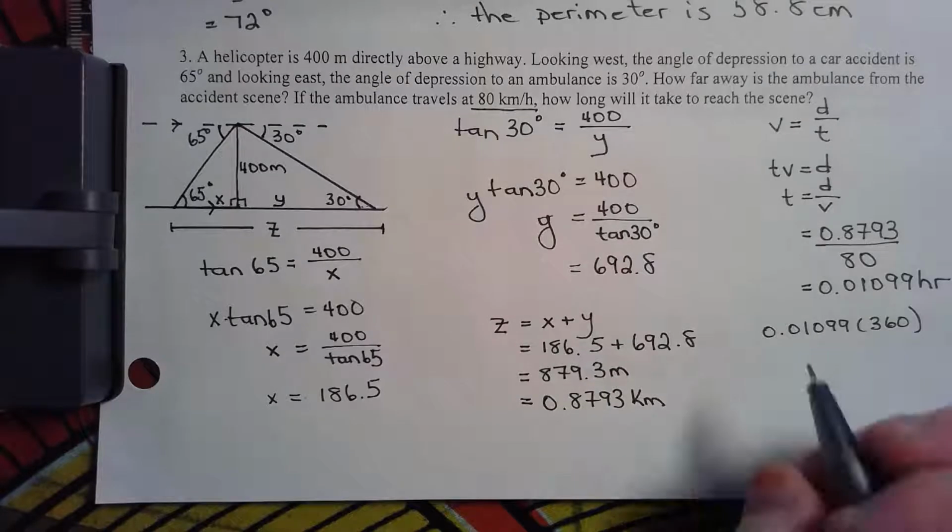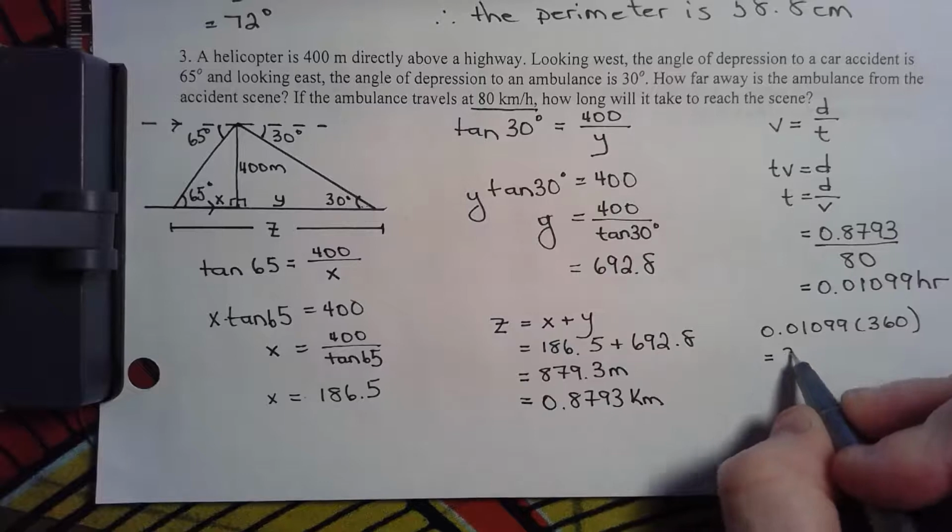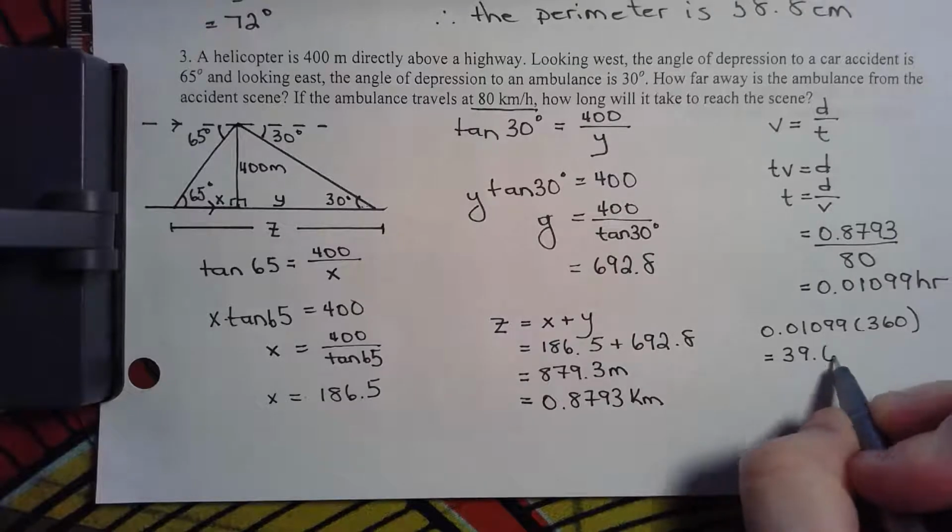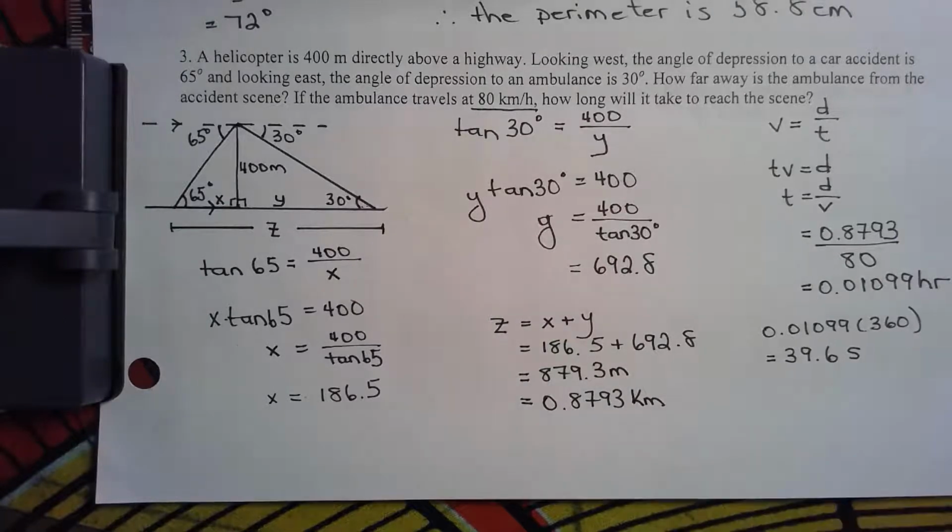And when I do that, I find out that that is equal to 39.6 seconds. So now I've answered both questions. I now know that the ambulance is 879.3 meters away, and it's going to take 39.6 seconds to get there.